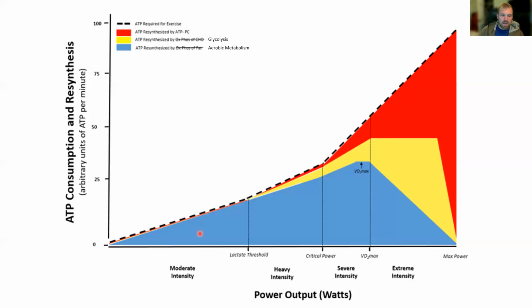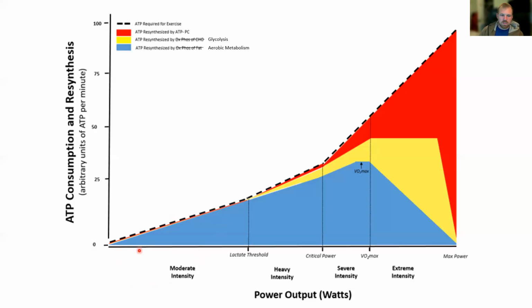Looking here at the thresholds, we have 4 domains: moderate intensity, heavy intensity, severe, and extreme. Now you notice light's not on here, even down to an ATP demand of basically 0. So there really is no light exercise, though that is a common phrase that is used.